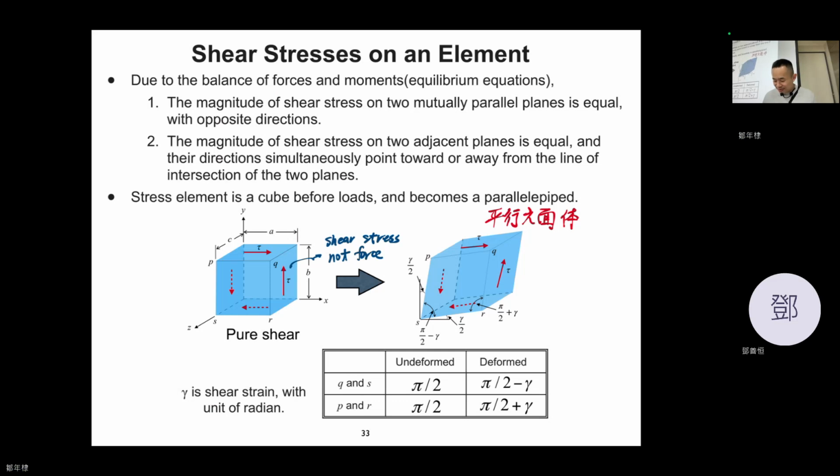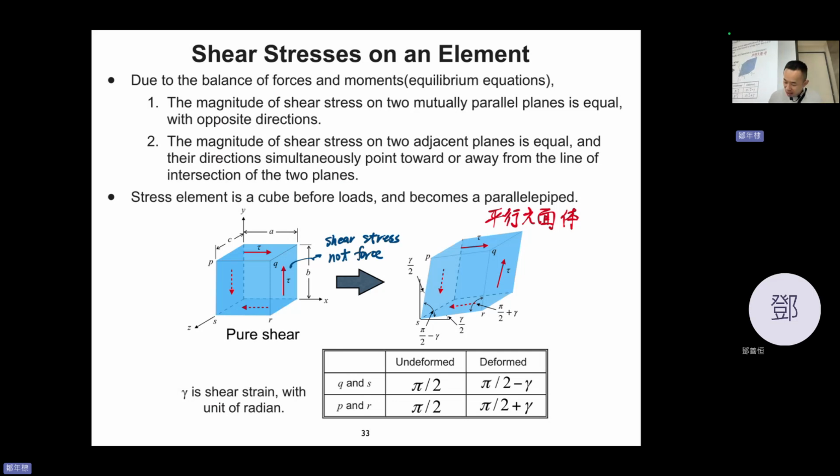So a cube after the shear stress becomes a parallelepiped. Anyway, so you can see that the angle changed. Previously, the angle is 90 degrees. Now it becomes 90 degrees minus, well, if we say gamma, all right?